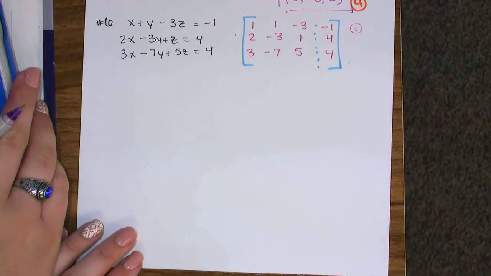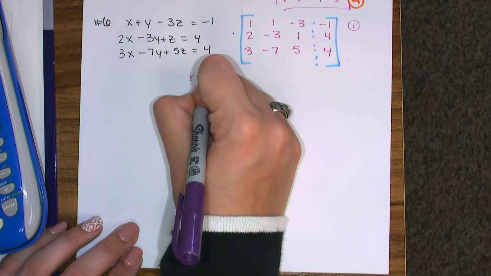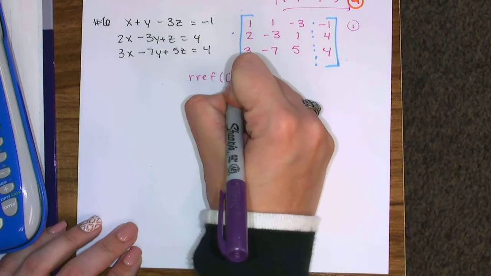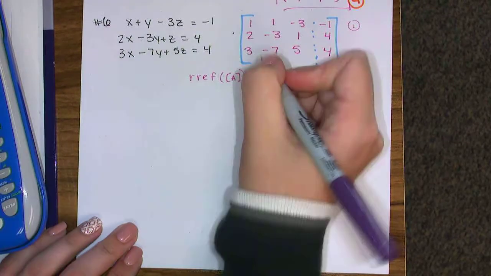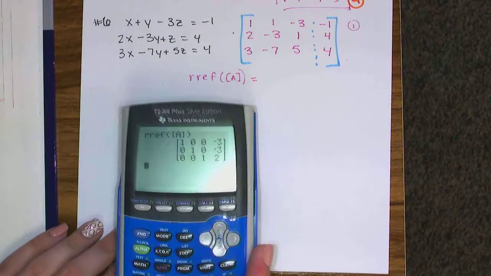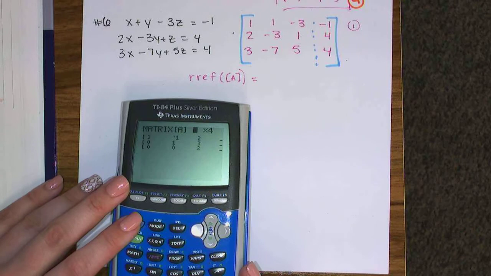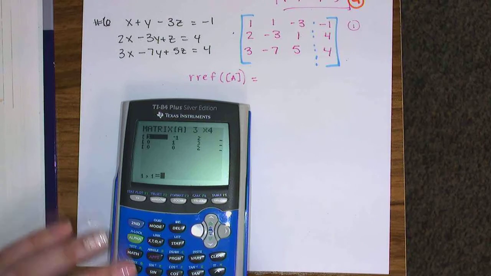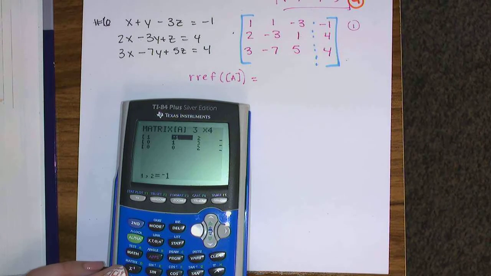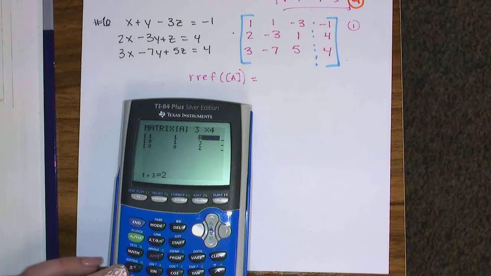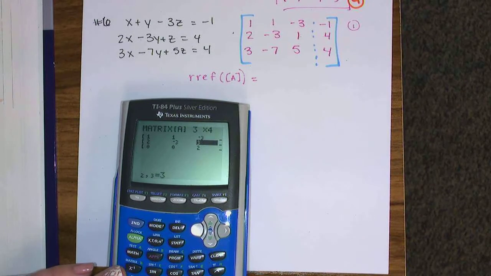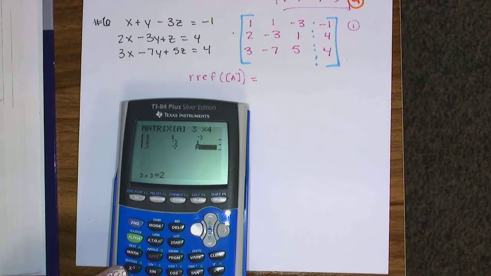Now part 2 is going to be RREF of, I'm going to put it in matrix A again. So second matrix, I'm going to go edit matrix A and put these numbers in. 1, 1, -3, -1, 2, -3, 1, 4, 3, -7, 5, 4.